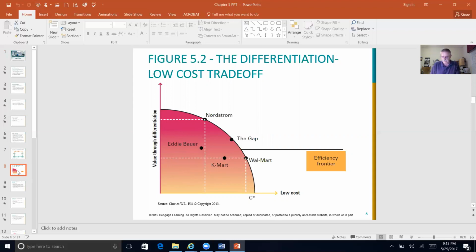But probably the relationship between low cost and differentiation is a little bit more difficult to achieve. And the strategy is not so much about making discrete choices as much as it is about deciding what's going to be the right balance between differentiation and low cost.